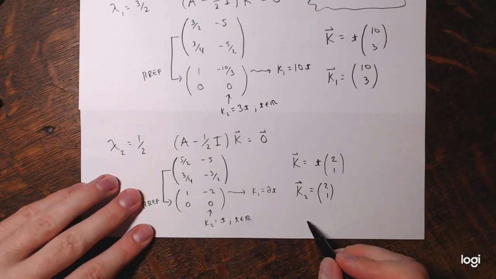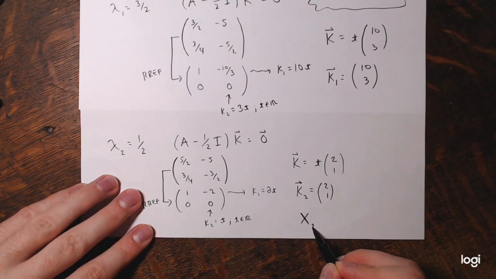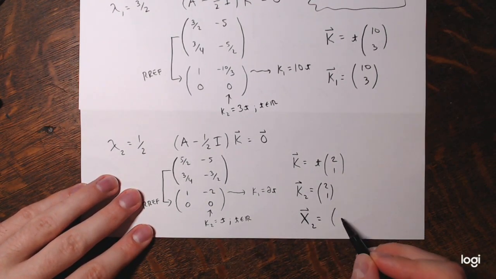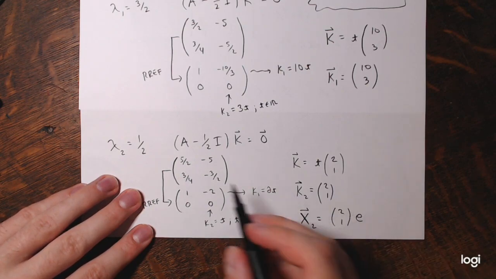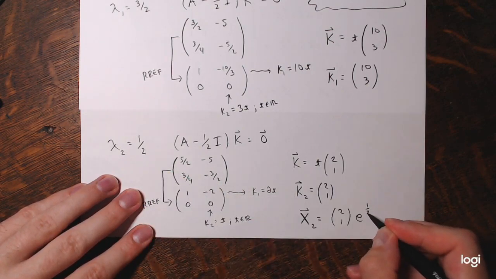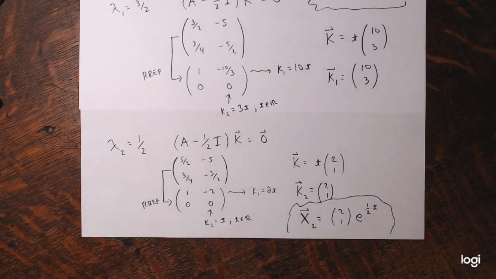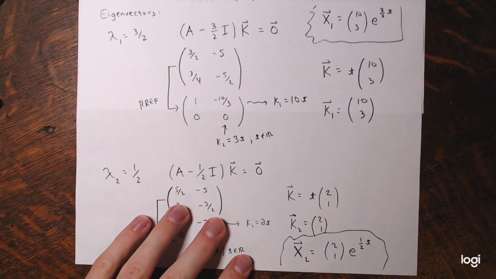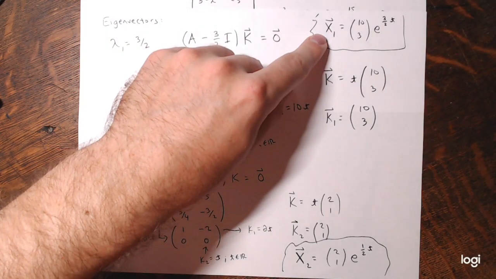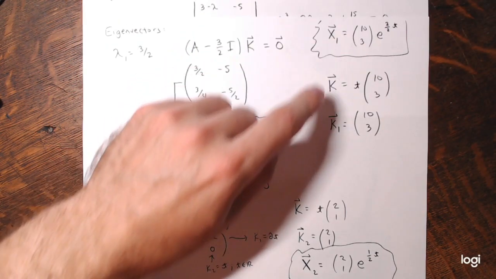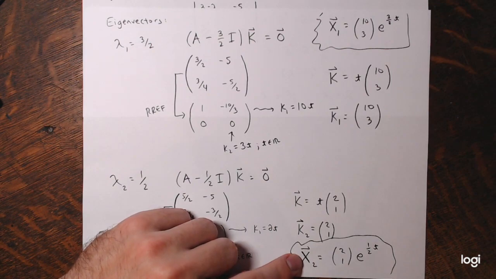And then our second solution in the fundamental set, x2, would be the vector 2, 1 times e to the half t, or t over 2. So I'll bubble this. Alright, so I'm not going to write the fundamental set out again. I'll just say, hey, there's one vector from the fundamental set. There's the other vector from the fundamental set.